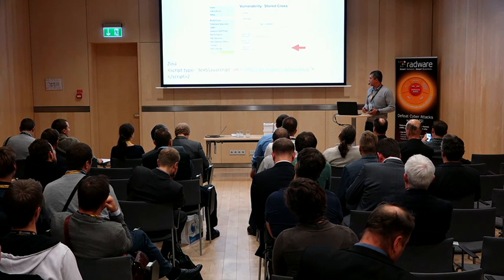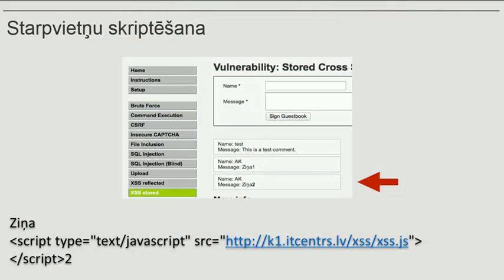How does it work? And where are the risks? This is an example from a training system, a guestbook application or something like that. This particular message, ziņa 2, has additional JavaScript code, which is not seen from a normal browser, and which sends this session cookie to me.